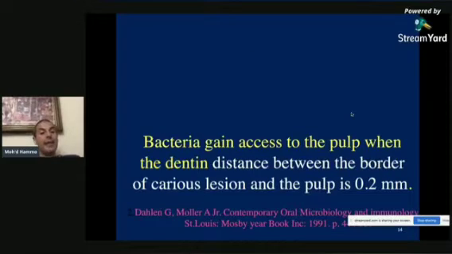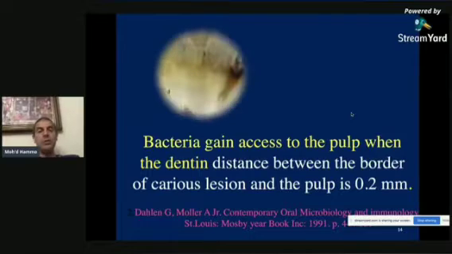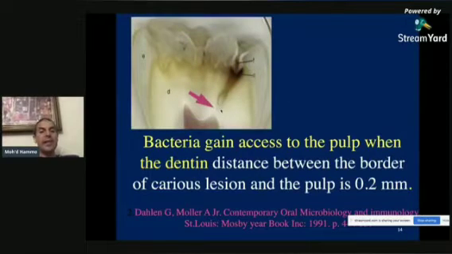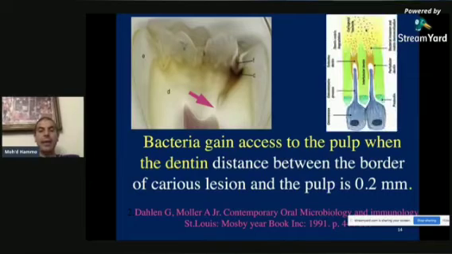And bacteria will gain access to the pulp when the dentine distance between the border of caries and the pulp is 0.2 millimeter, which means when the distance between the caries here and the roof of the pulp is less than 0.2 millimeter, the bacteria and microbes will enter through the dentinal tubules and reach the odontoblast and the pulp.